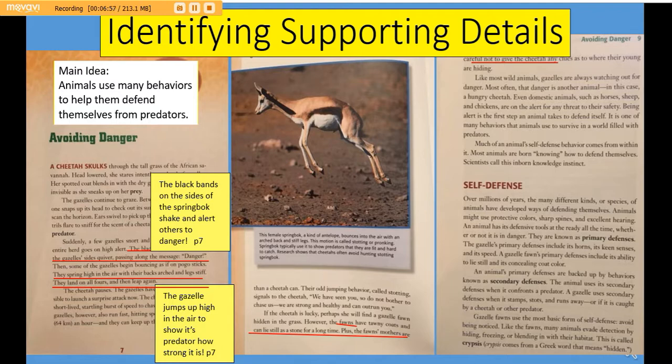So I'm going to underline that detail because that's a behavior that animals use to defend themselves. Then in the last paragraph, it talks a little bit more about that self-defense of instinct, so animals being born knowing how to defend themselves. I'm going to underline that part as well.